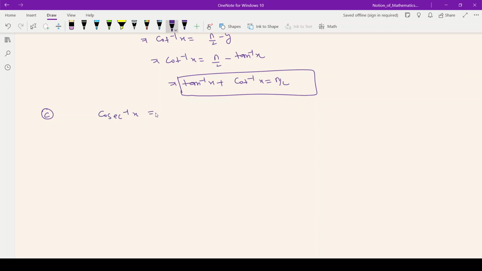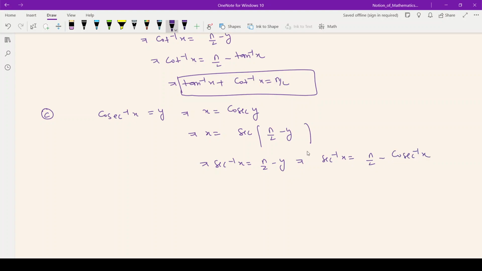Cosecant inverse of x is equal to y, or I can write x is cosecant of y, which can be written like secant of pi by 2 minus y, or that is secant inverse x is pi by 2 minus y, or that is secant inverse x is pi by 2 minus cosecant inverse x as per this consideration, or that is secant inverse x plus cosecant inverse x is equal to pi by 2. That is the proof of this third part.